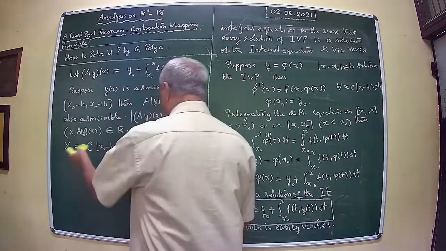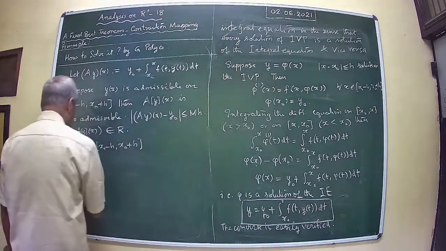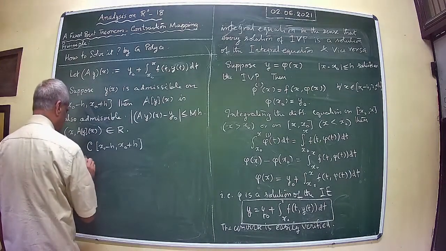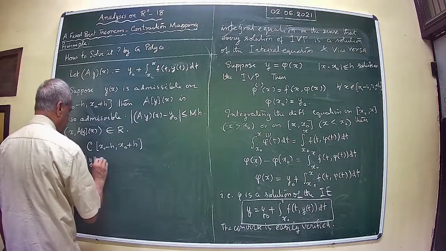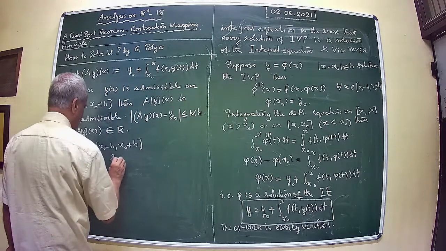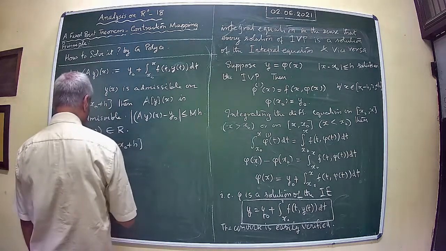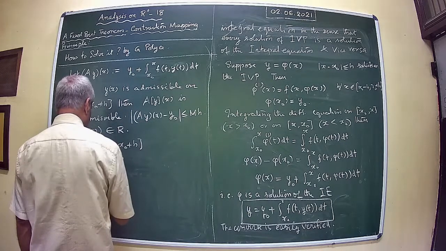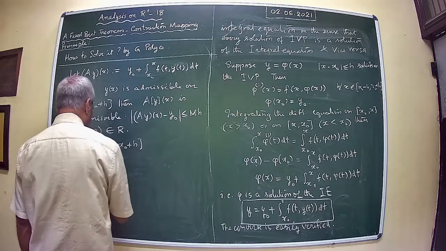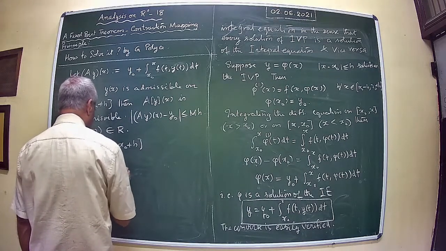And you define on this norm of y, the supremum, for mod x minus x naught.